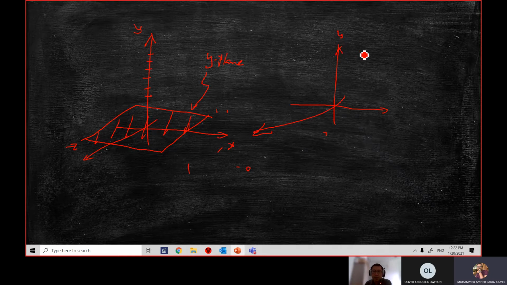The Z plane means focus on the Z axis, and the plane you're drawing takes the form of this. This plane moves in the scale of Z.